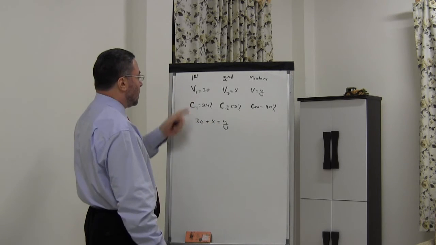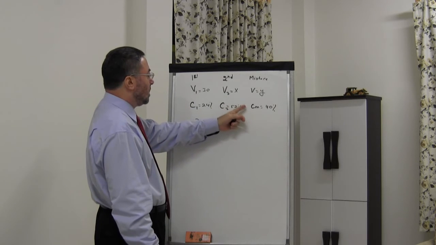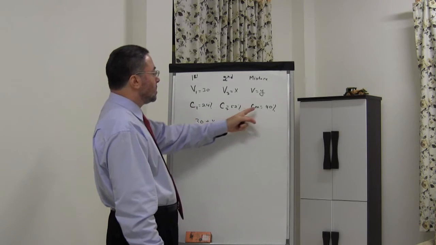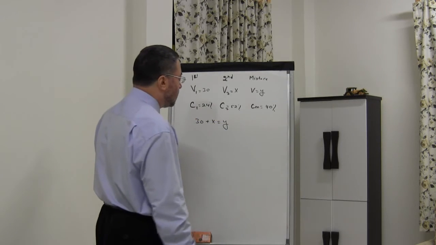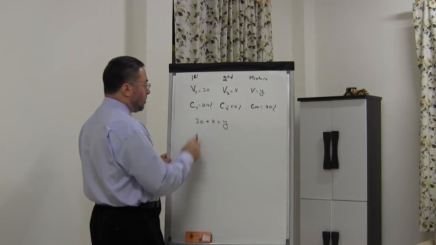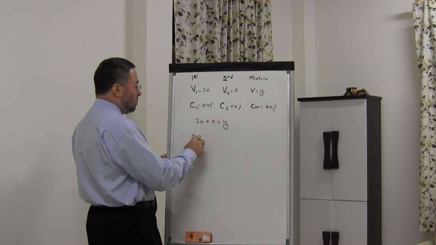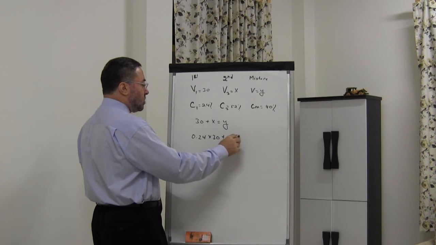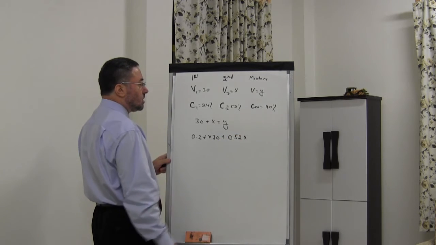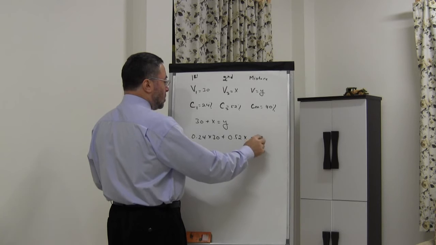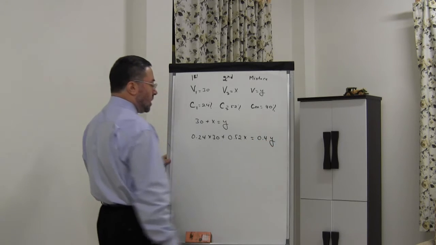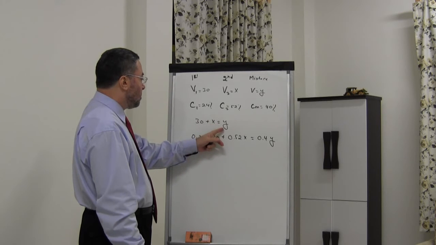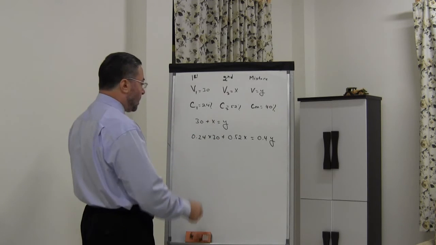And now we multiply these two, and the amount of the iodine in these two solutions is going to be the same as the amount of iodine in the mixture. So 0.24 times 30 plus 0.52 times x equals 0.4y. And now we can replace y with this.